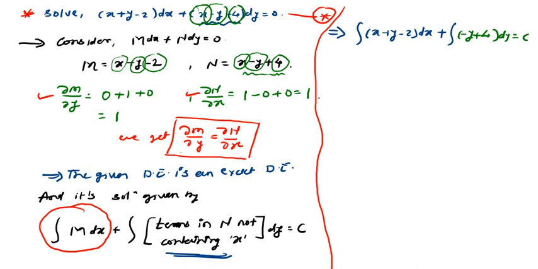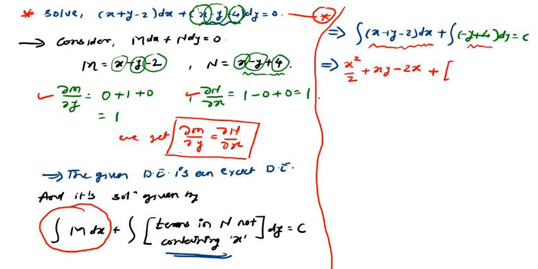Now take the integration. First term's integration with respect to x: integration of x with respect to x will be x square by 2. Integration of y with respect to x will be x into y, and integration of minus 2 with respect to x will be minus 2x. Plus, now we need to take the integration of minus y plus 4 with respect to y.